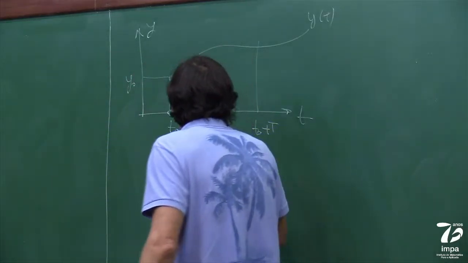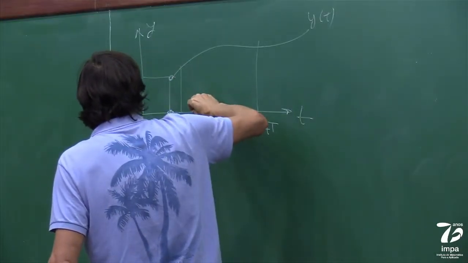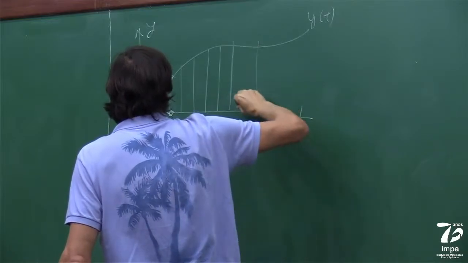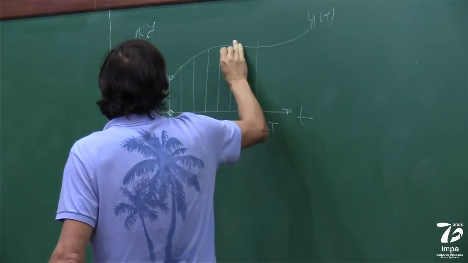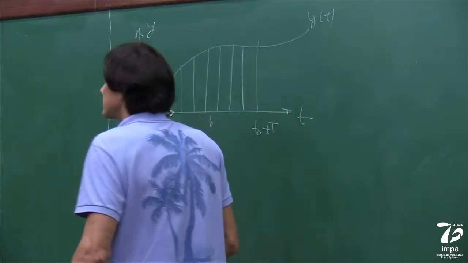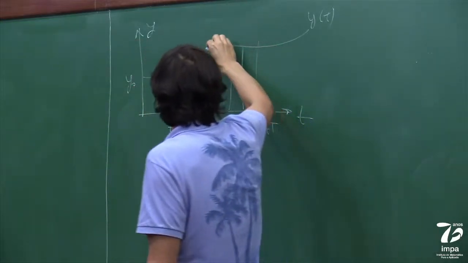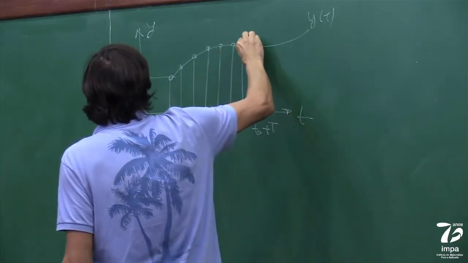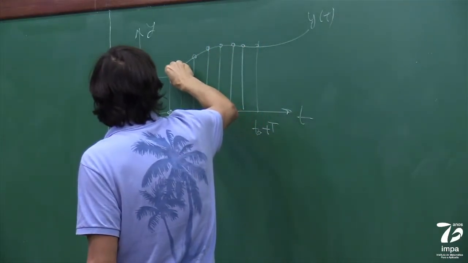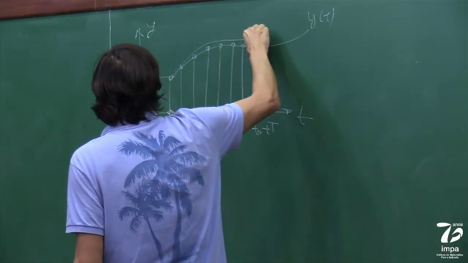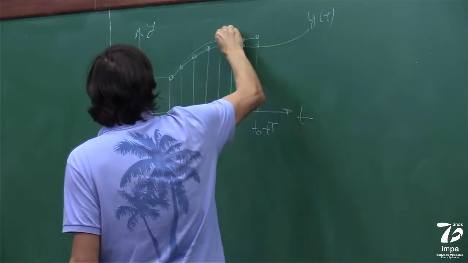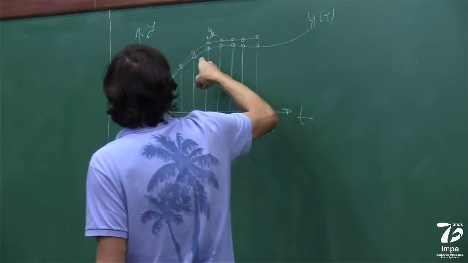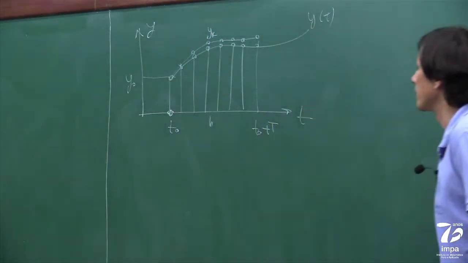Then we split this interval into equal steps of size h, and approximate each point by yk, where yk approximates y at time tk.